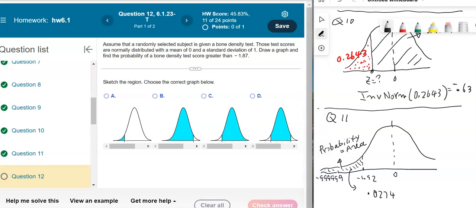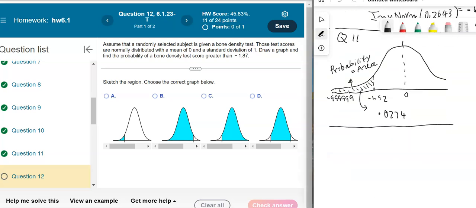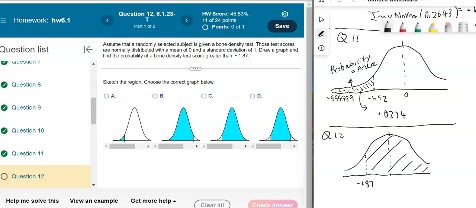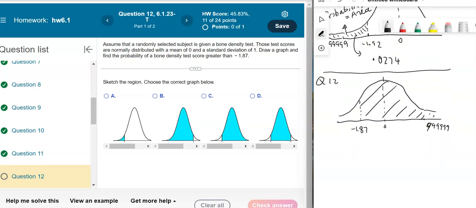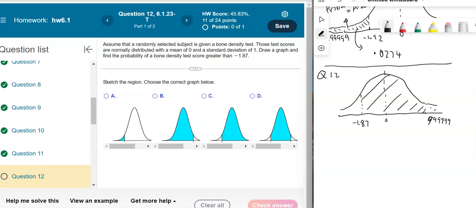Now, question number 12. Draw a graph, find the area greater than negative 1.87. It is negative, so it must be somewhere here, negative 1.87. But greater than, all the way. In the middle is 0, at the end is 999,999. So same thing: normal CDF.